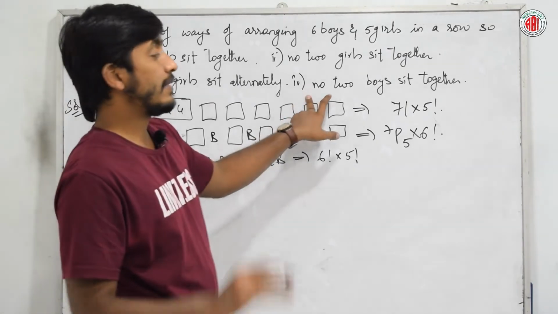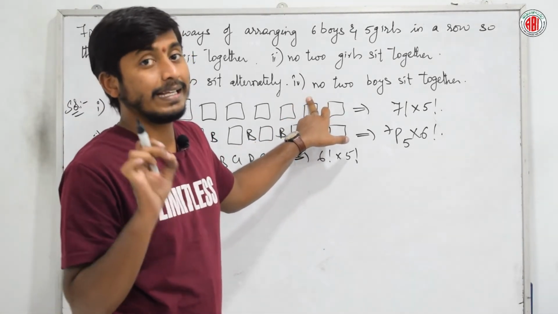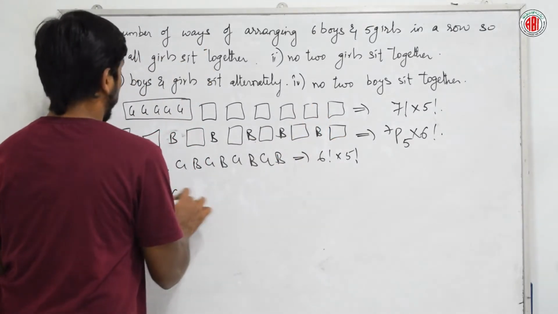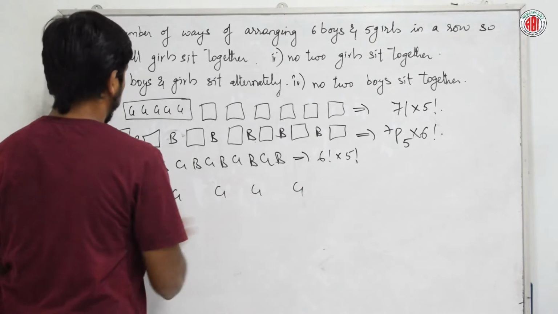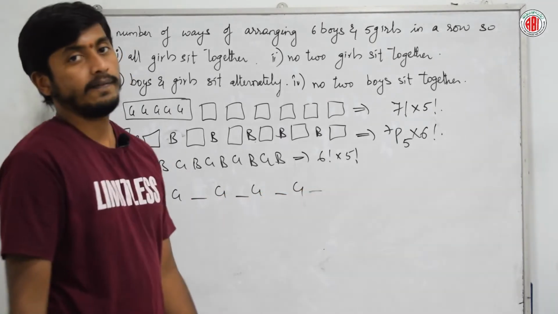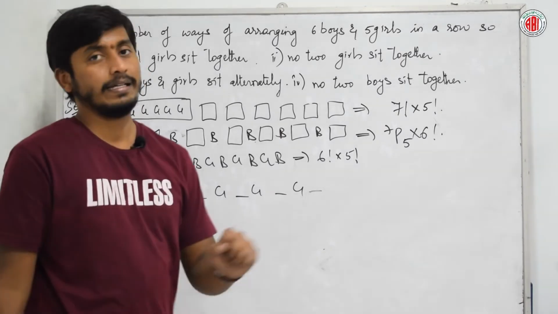No 2 boys sit together. So whom should we arrange first? We have to arrange the girls first. Let me arrange girl, girl, girl, girl, girl. Then there are 6 positions for boys and 5 positions for girls.